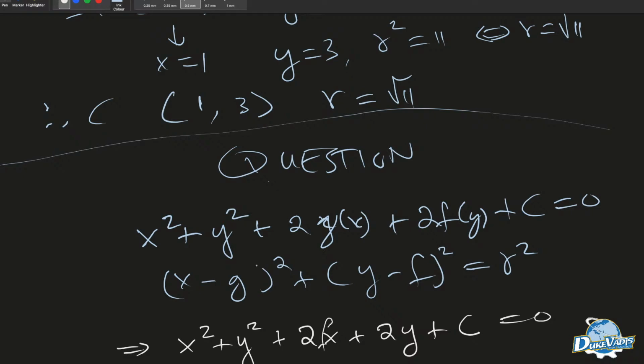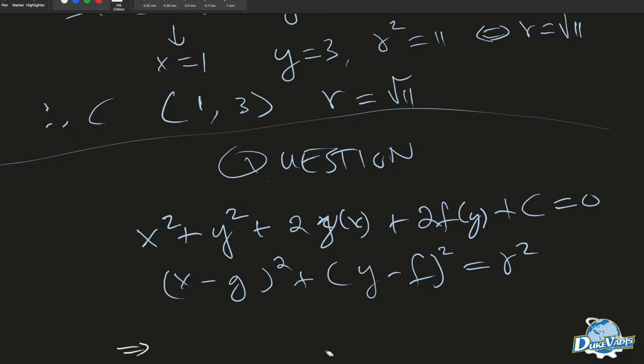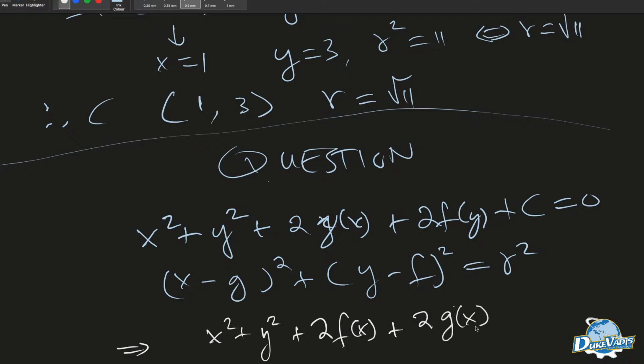Let me write it well. So is this the same? Let's take x squared, y squared, 2g of x and 2f of y, plus the constant c is equal to 0.